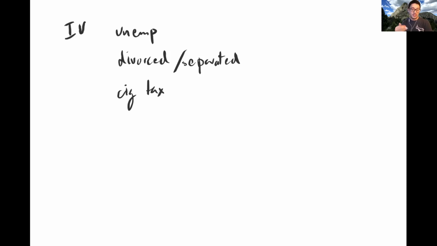So which of these might we consider to be a good instrument versus a bad instrument? Well, so unemployment, let's think about unemployment as it relates to the other explanatory variables. So this could be likely related to your income, and maybe it's also related to your age in some way.